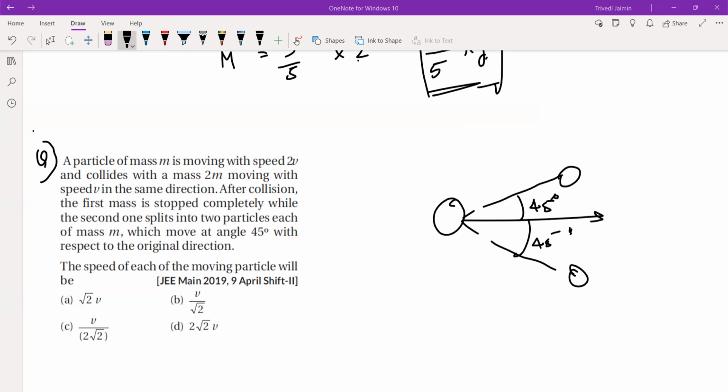Equal to final value. Any idea? Want me to solve? Yes, tell me. How much is the last?